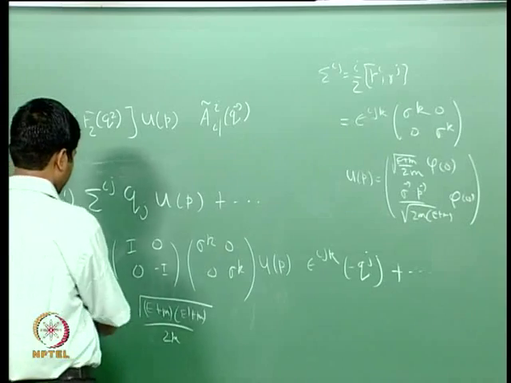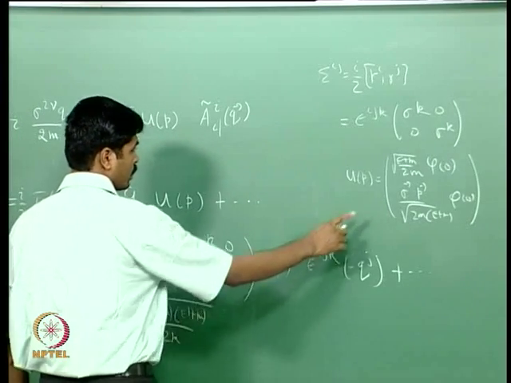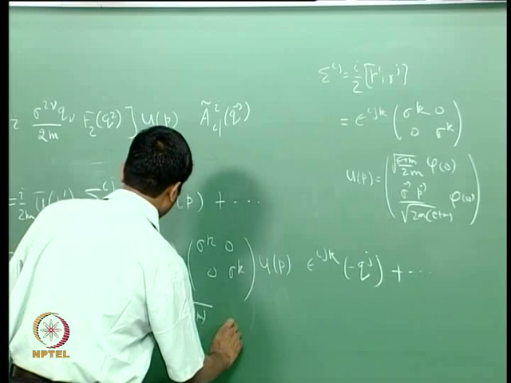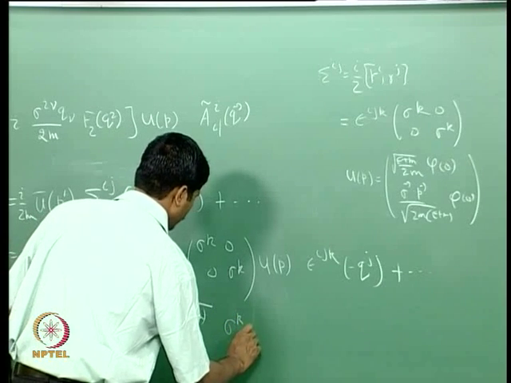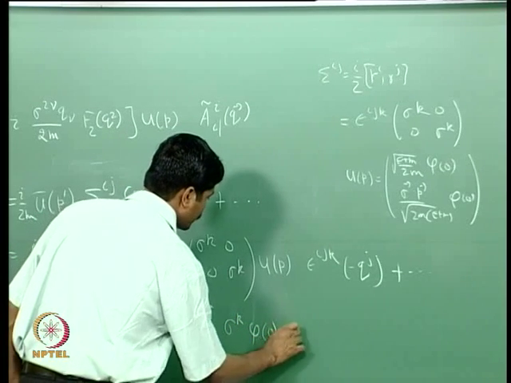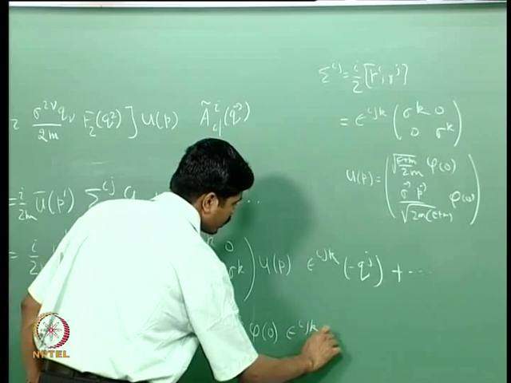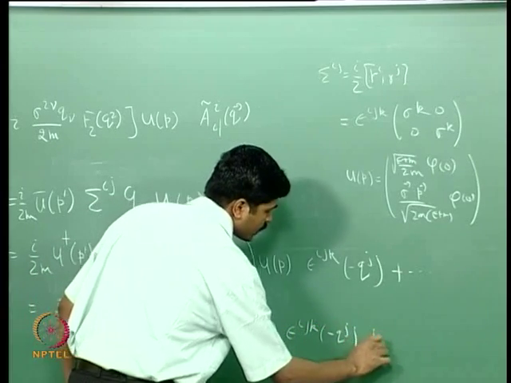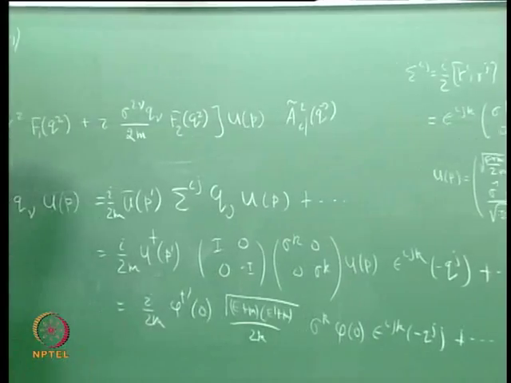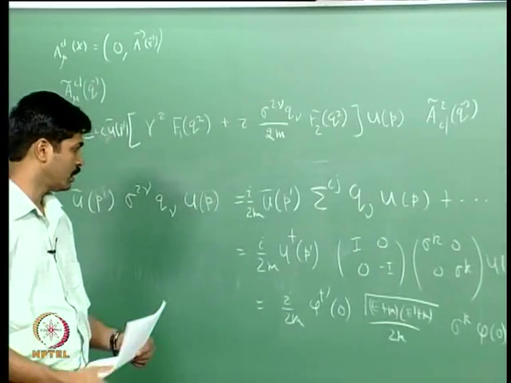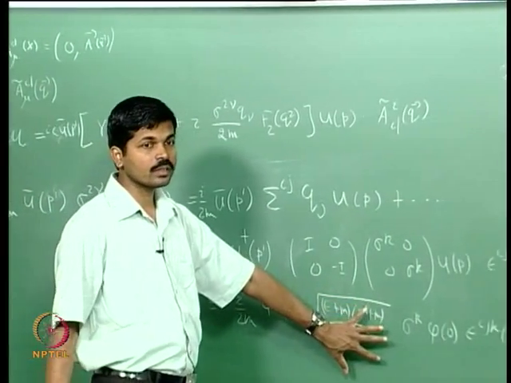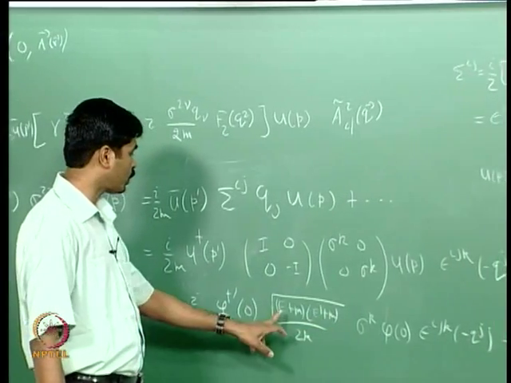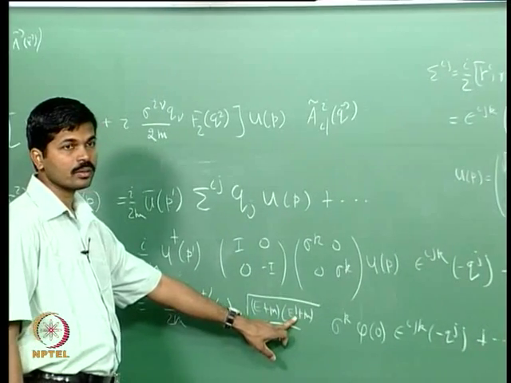and then sigma k phi of 0 epsilon i j k minus q j. Is this right? This term I will set as 1. I will just put E and E prime to be m.